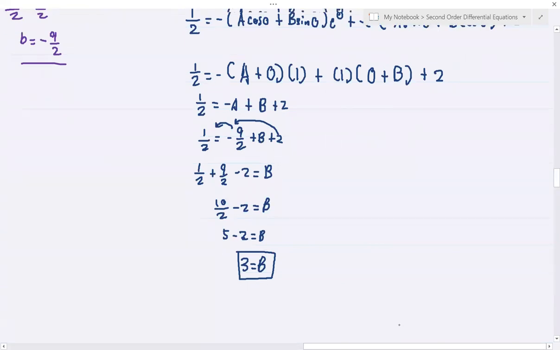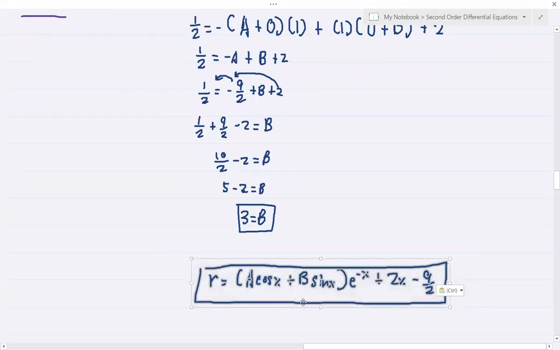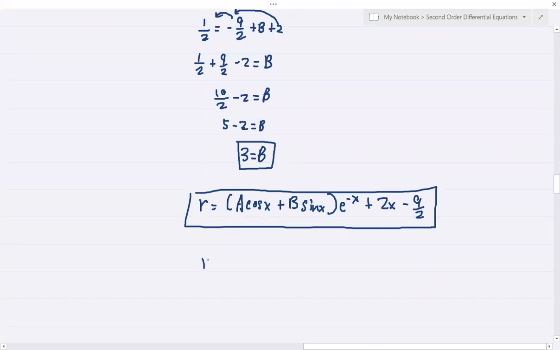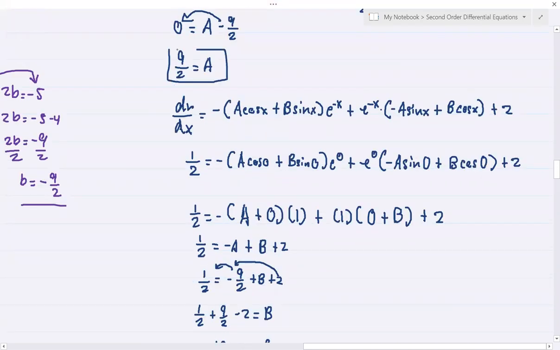So we're actually done. It's actually easy. But anyways, since this is your general solution and we have found your a and your b, therefore your particular solution will be r is equal to your a is 9 all over 2.